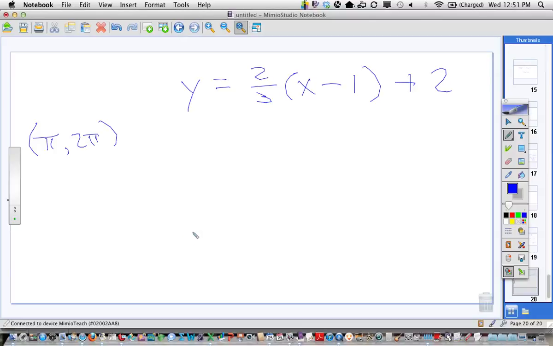So sometimes your justification or your explanation is kind of your work. It's not like you have to have a paragraph. So what'd you do? Just put a pi in for x and see if that came out to equal 2 pi? I mean, that's really what it is. Is this point on that line? Because this equation should be all the x and y points on that line. So plug pi in for x, work out the right side, see if it equals 2 pi.